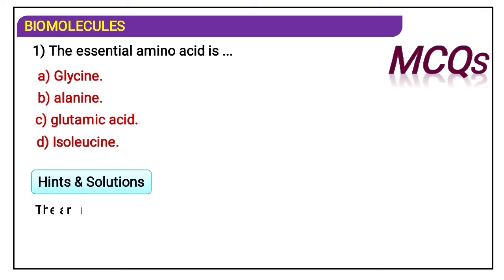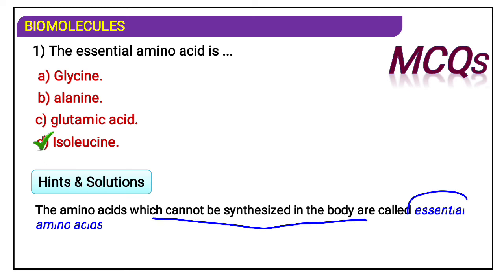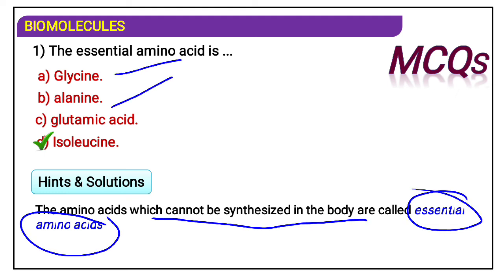The definition is clear: the amino acid which cannot be synthesized in our body, and which we should take from the diet, is an essential amino acid. Glycine, alanine and glutamic acid are non-essential, already synthesized in our body. Only isoleucine is not synthesized in our body. That's why it belongs to the essential amino acids.